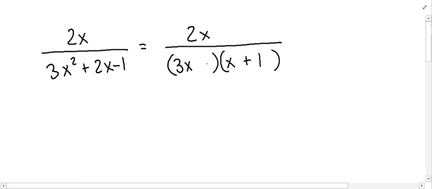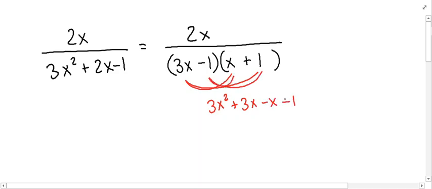I've done this forever. I think it's going to be this. Let's check. If we multiply this out, this is going to be 3x squared plus 3x minus x minus 1. If you combine the like terms, you get the bottom, 3x squared plus 2x minus 1.